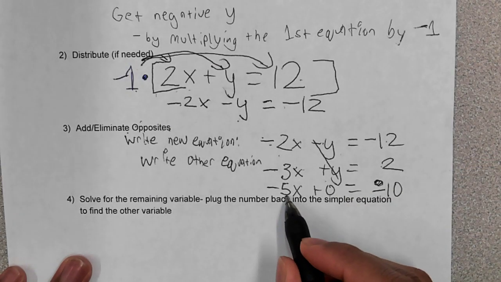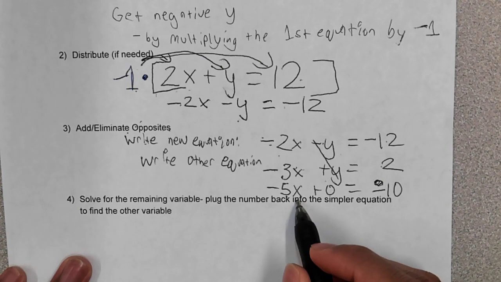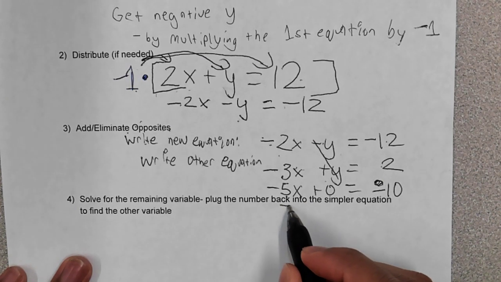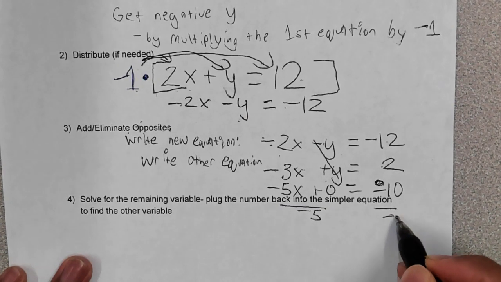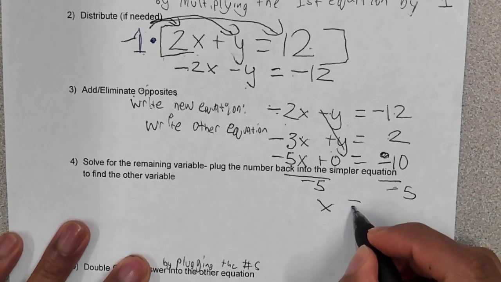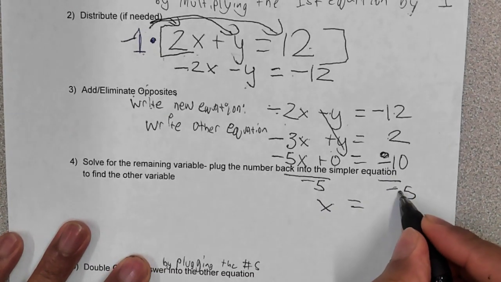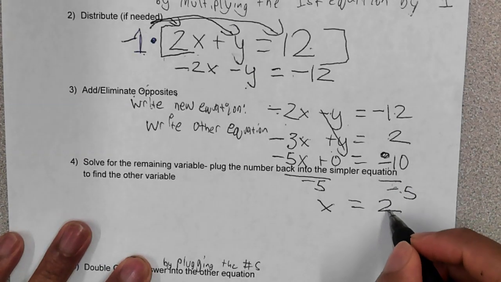Now, we're going to have to get rid of this negative 5 in front of the x. We're going to use our inverse operations. Divide both sides of the equation by negative 5. And now x simply equals negative 10 divided by negative 5. Dividing two negatives makes a positive. Positive 2 for x.